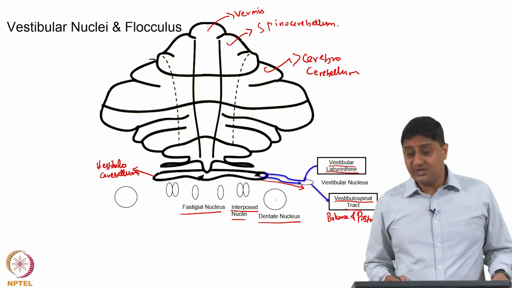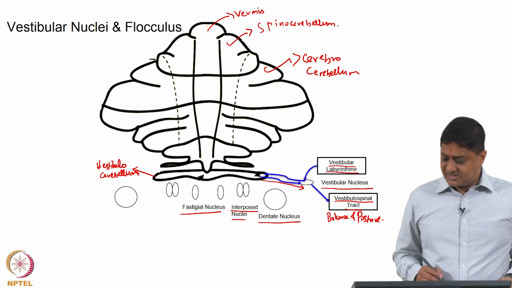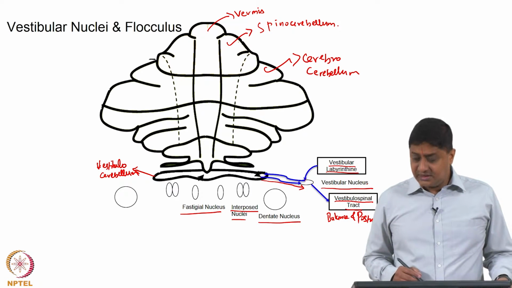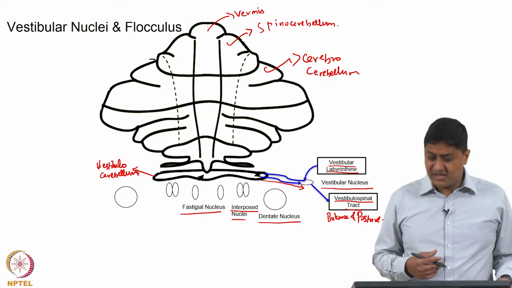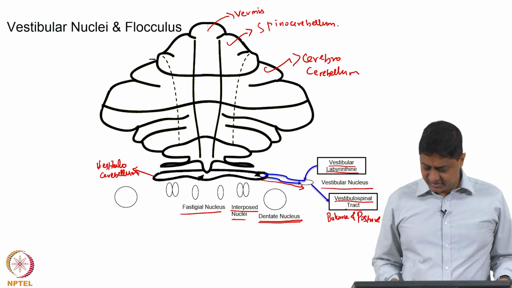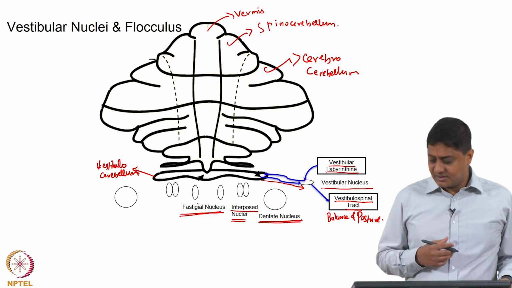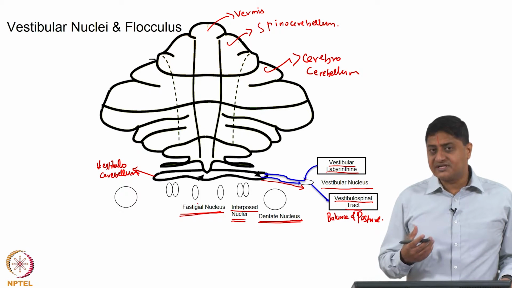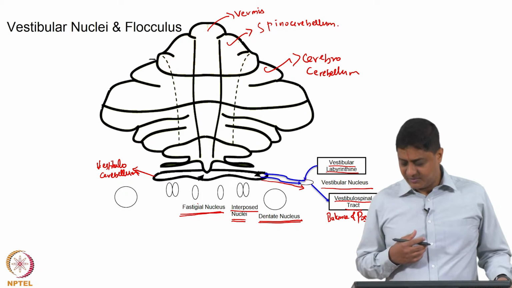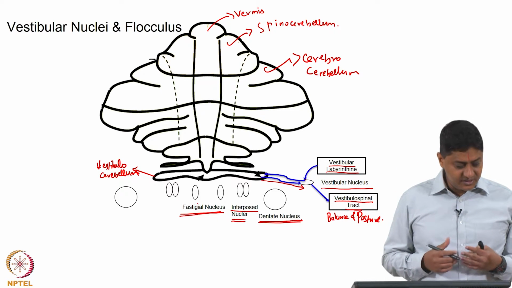So, the vestibular nucleus is unique in a sense because it also mimics the function of the deep cerebellar nucleus. So, the vestibular nucleus is also considered as an output nucleus of the cerebellum, right. So, in that sense this is very unique, right.